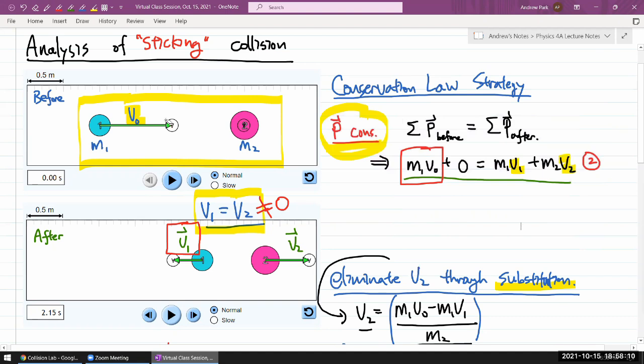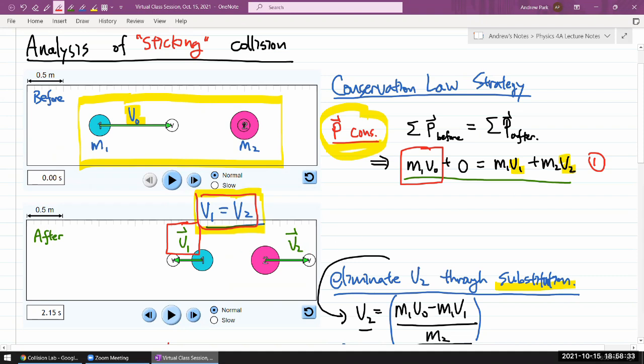So let's start there. With the conserved momentum, what I have from this information that two things stick together is that I don't have to write out this after-collision picture with two different velocities.